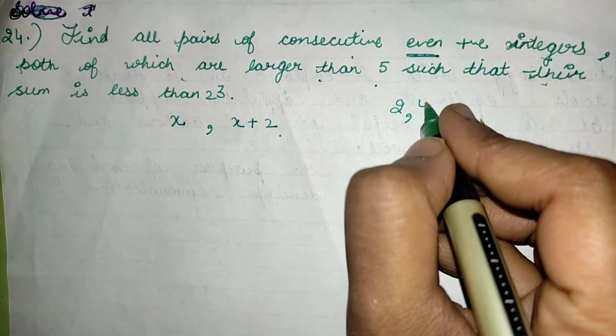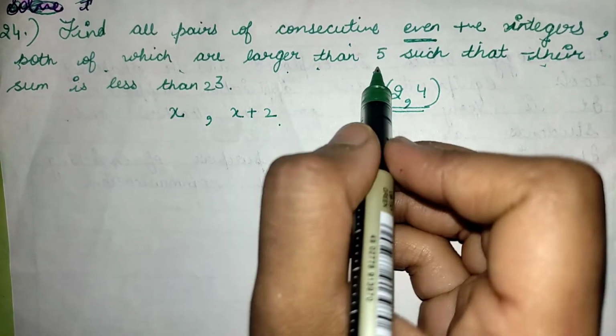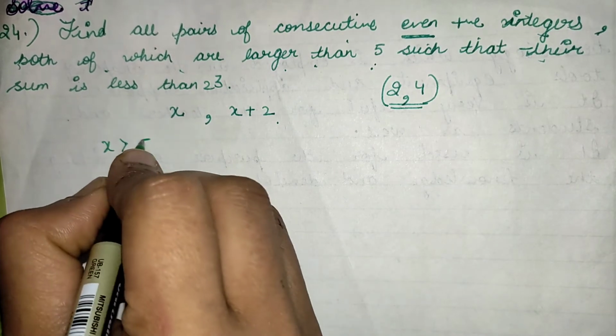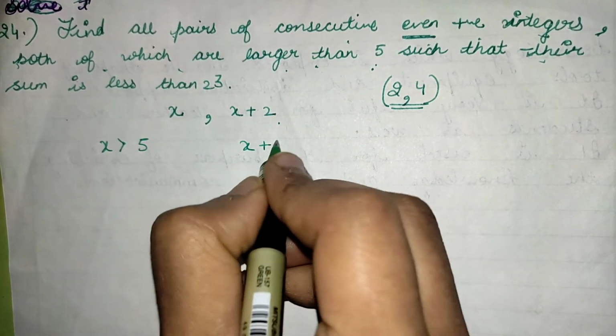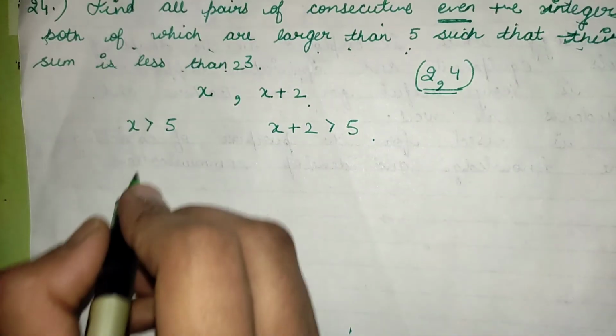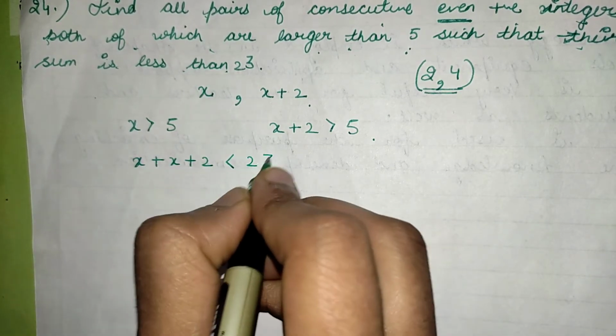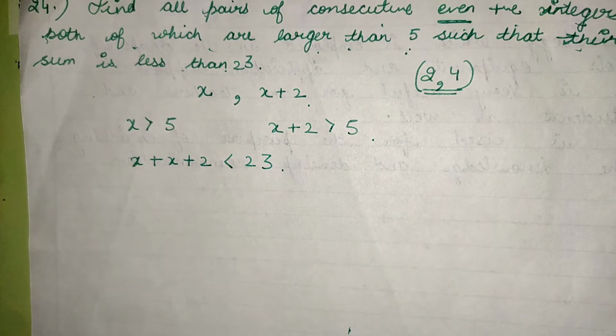Suppose my first number is 2, then my second number will be 4. Both are larger than 5, so x is greater than 5 and x plus 2 is also greater than 5, such that their sum is less than 23.